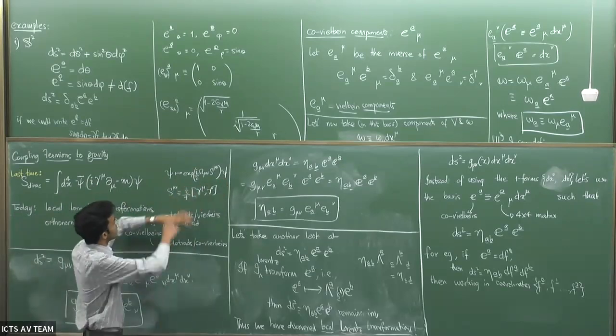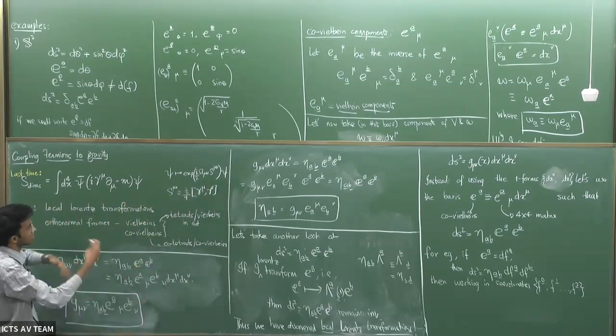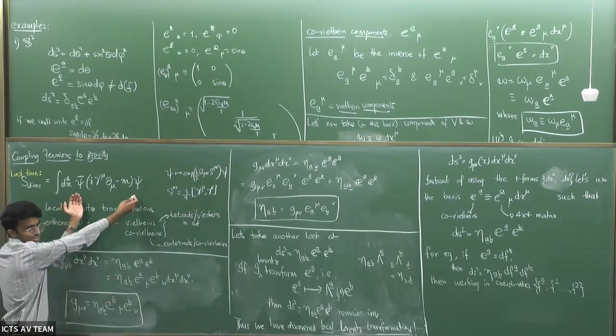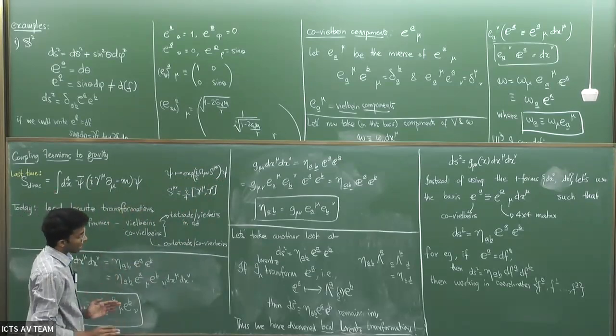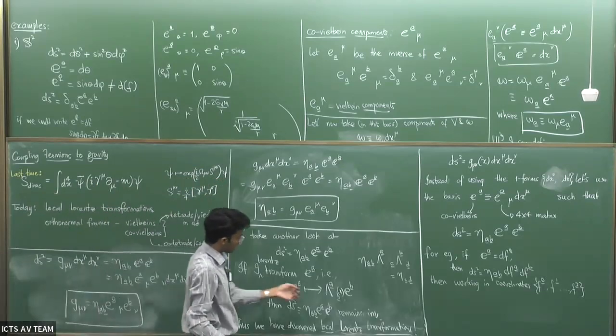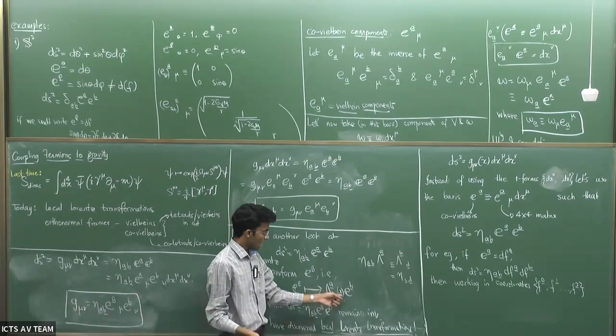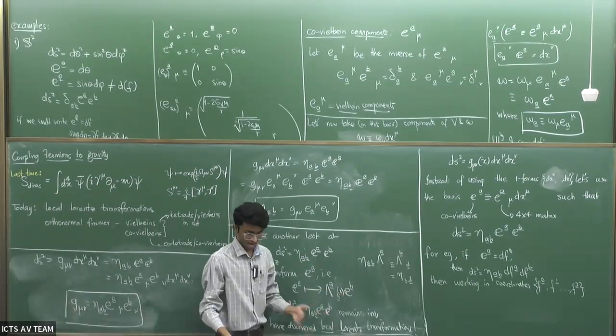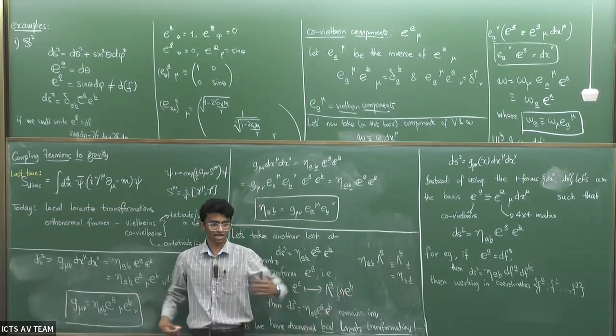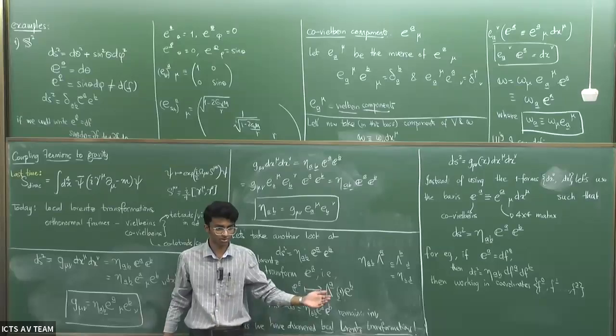Right? And then we had to do some work to find out what is the invariant combination, and we found that this was the scalar. But now notice that at every point in spacetime, you have a freedom to do a different Lorentz transformation. At x1, I can do some Lorentz transformation, which is basically like saying, I'm sitting here, I can do some Lorentz transformation. You're sitting there, you can do some other Lorentz transformation.